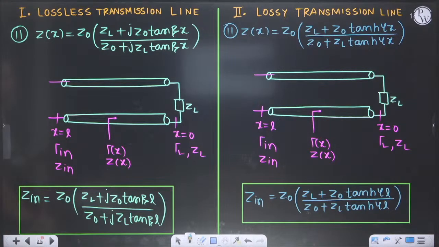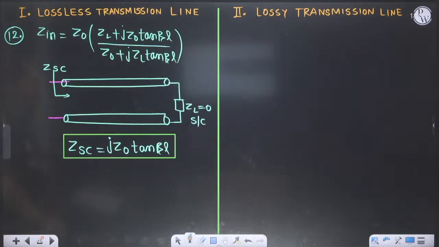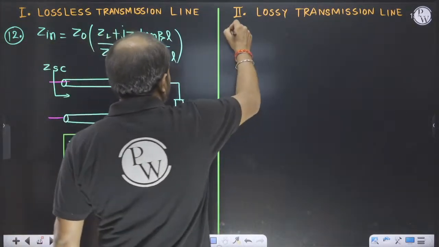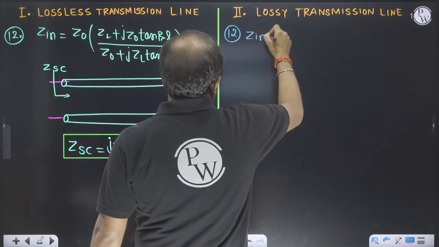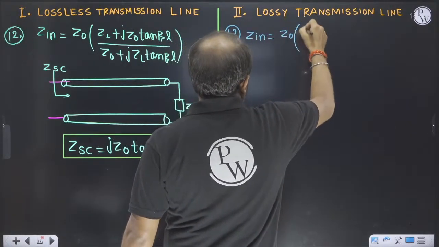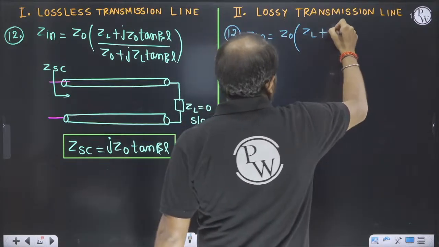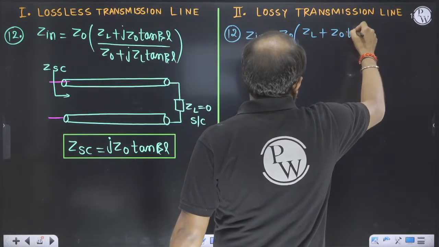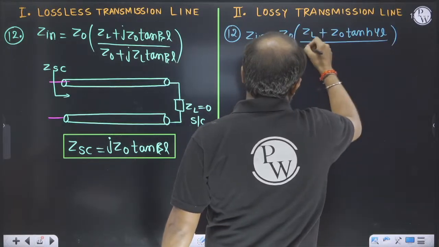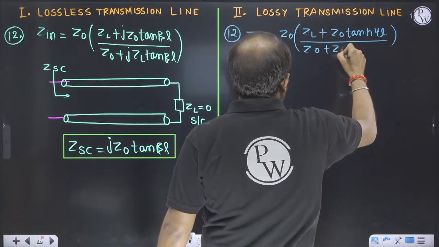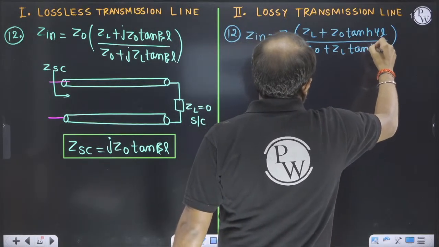Now, Zin is equal to what? It will be Z0 (ZL plus Z0 tanh gamma L) divided by (Z0 plus ZL tanh gamma L).